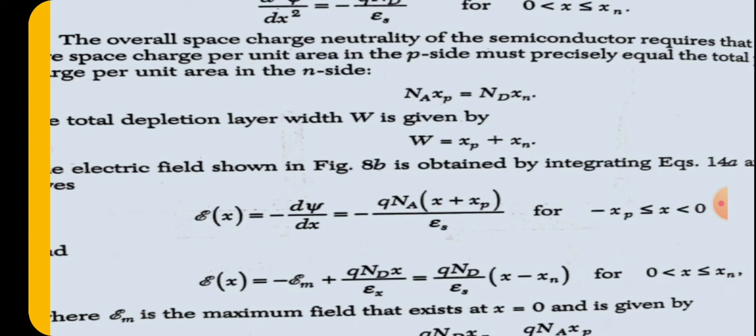The maximum electric field is given by q ND xn divided by epsilon s, which is equal to q NA xp by epsilon s.